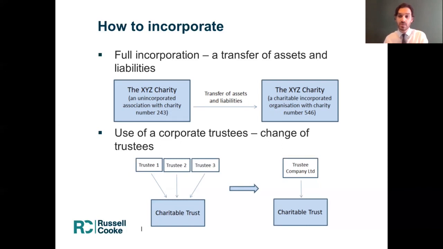The individual people who were the trustees in the past will become the directors of the company.